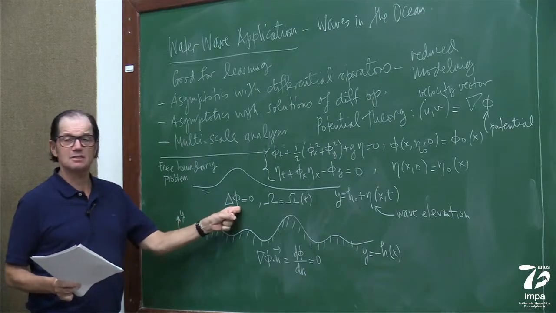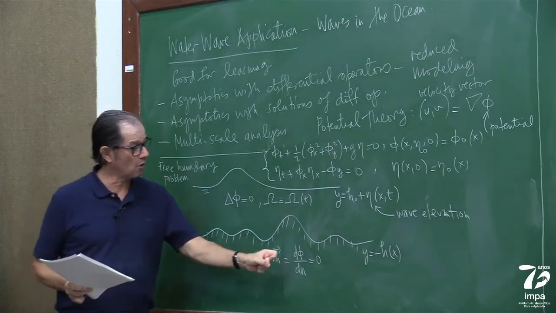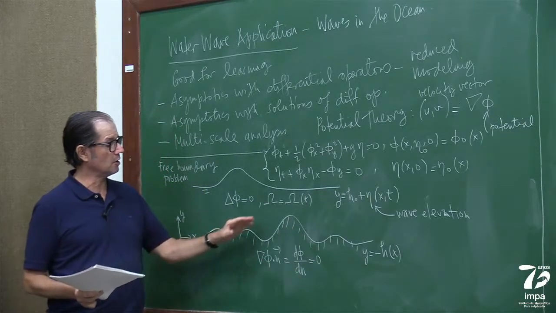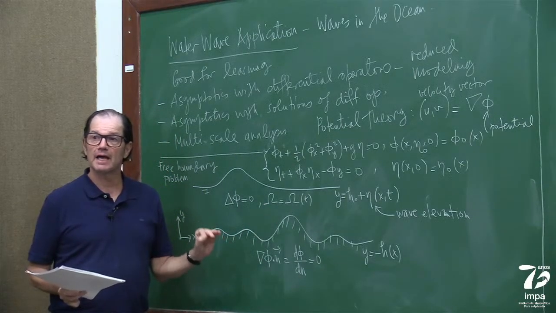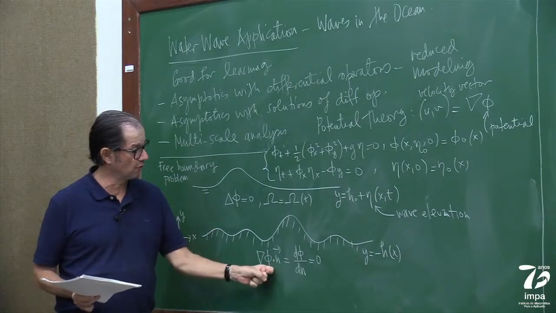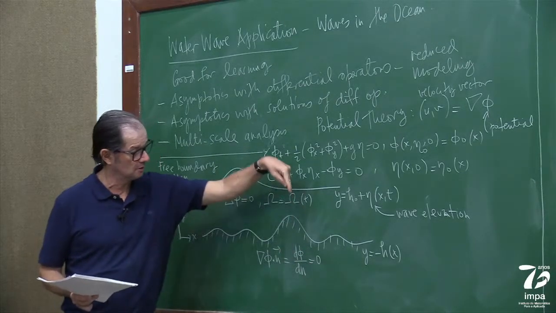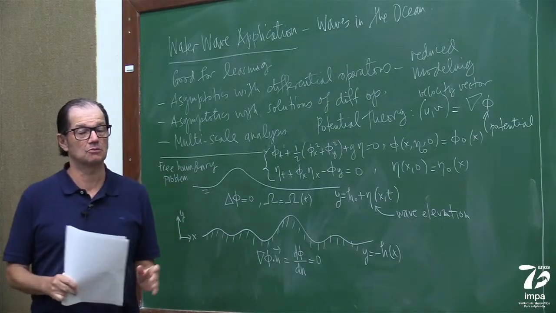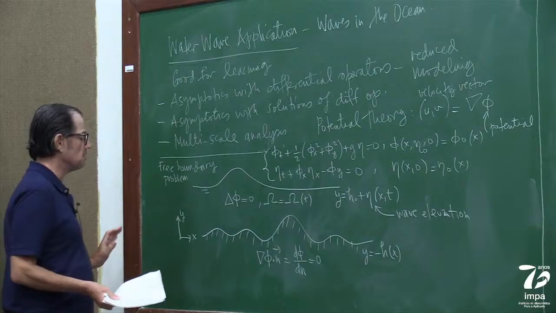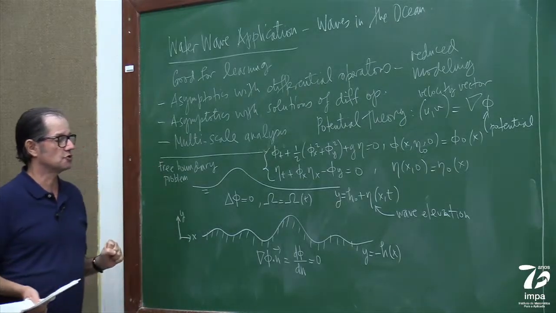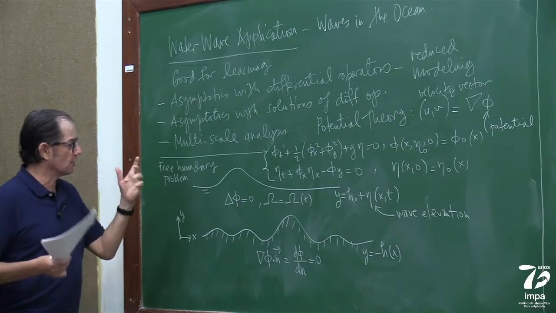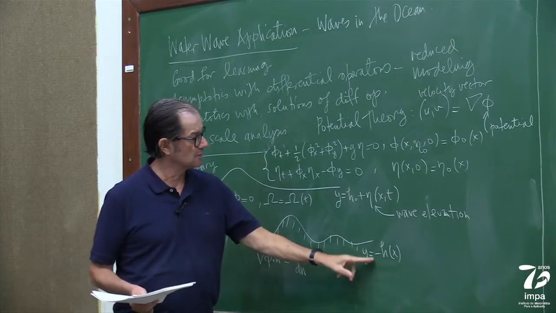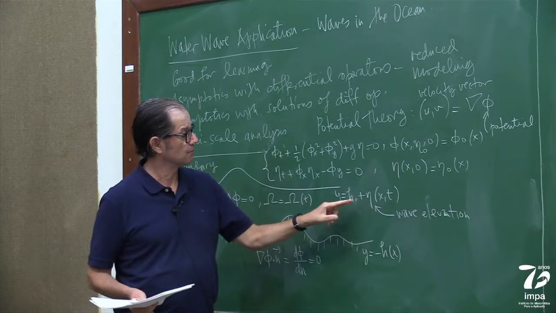So I'm solving Laplace's equation with a homogeneous Neumann condition on the bottom, which means that my bottom topography is fixed and impermeable because there's no normal velocity. That's a simplification, but still it's legitimate and makes the problem not that simple. Other cases make it even more difficult. So this boundary is fixed, this boundary changes.